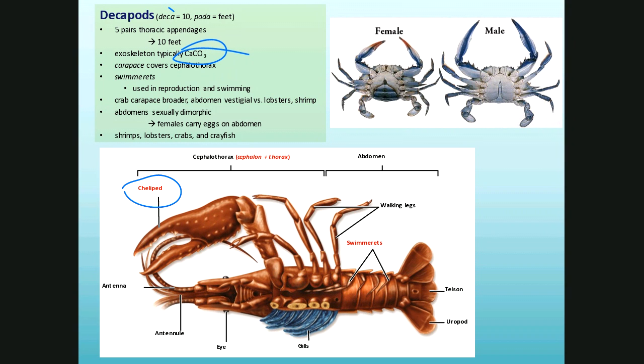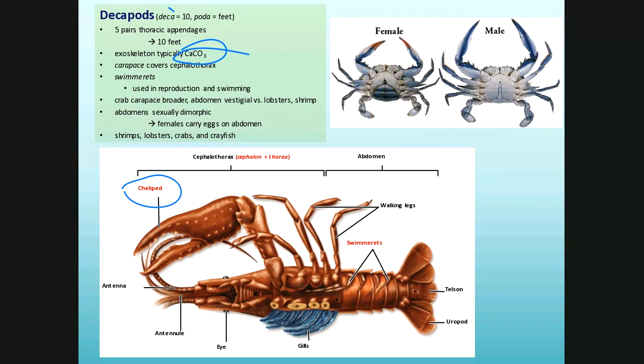Okay. Swimmerets at the back, which are used for swimming. I showed you the gravid female. They're used for reproduction as well. The blue crabs up above: there's a male and a female, and they are sexually dimorphic. If any of you are familiar with blue crabs, you know you can tell the difference by looking at the abdomen. The carapace, the crab carapace, which is the shell again. In the case of the female, the abdominal area is going to be much broader, okay?